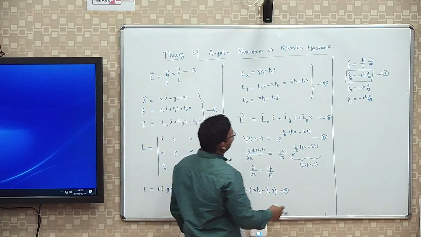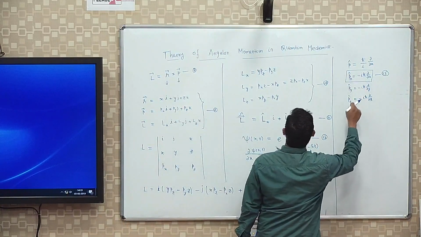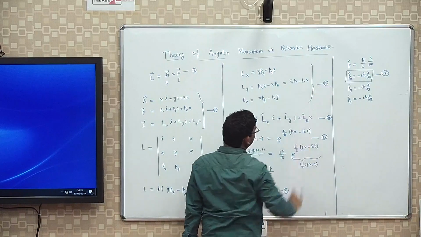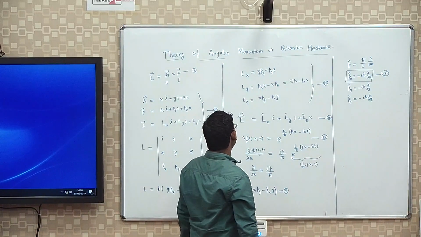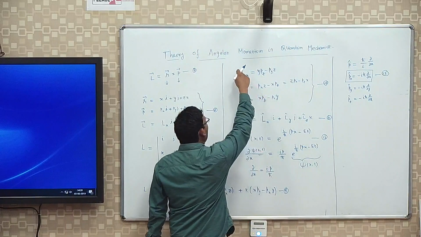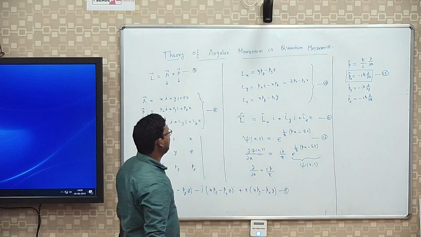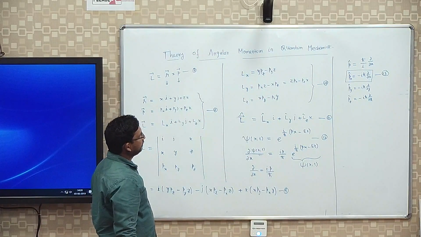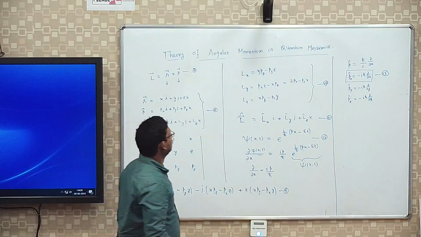If we put these values px, py, pz in equation number 10, we can write all the orbital angular momentum in quantum mechanics in the form of operators.